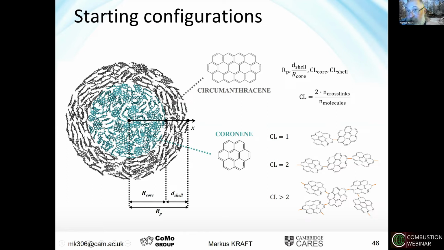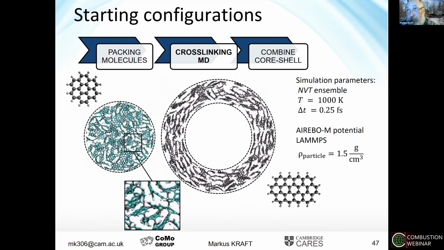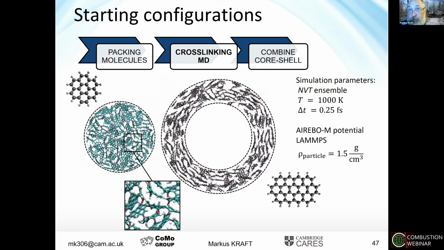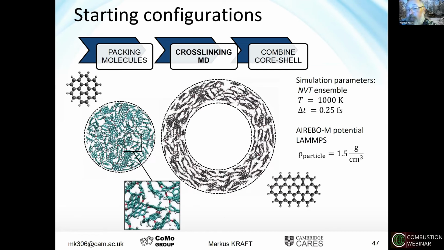Right, so how did we then construct the particles? So you first have a molecular packing. There's special software we could use, okay? And then we took off the hydrogen atoms, we let the code run for different times, which formed different numbers of crosslinks, and then we added the hydrogens again so that everything was saturated, and we did that both for the core and the shell, and then we combined core and shell.